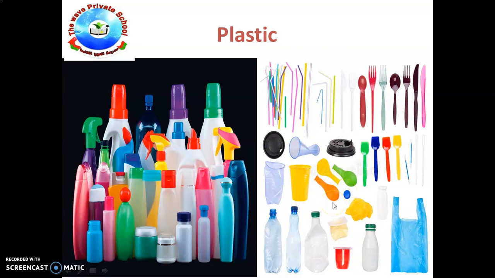Some plastics are flexible, lightweight and easily shaped. Looking at the picture, you can see the plastic material can be easily shaped into different shapes. Also, the property we can see is lightweight. It is light in weight and easily shaped.